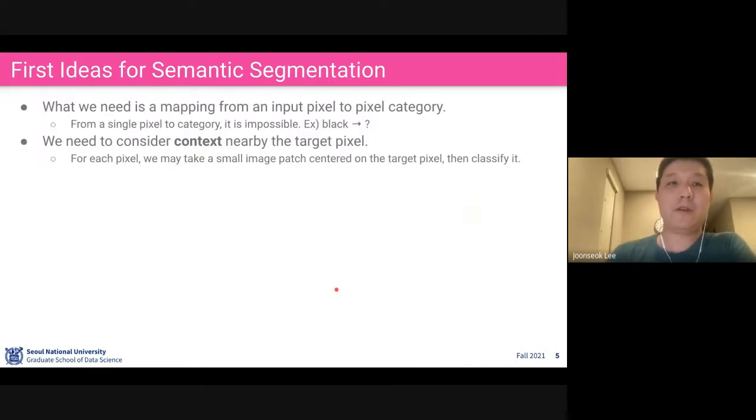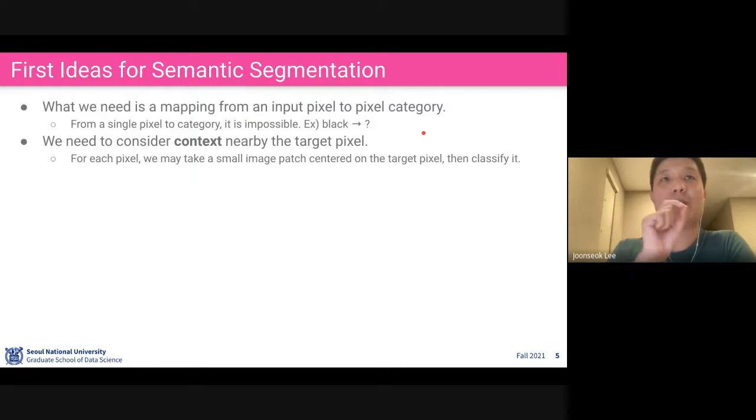So how can we solve this problem? It looks much more difficult than the classification or detection task because this is pixel-wise, so it looks much heavier computationally. What should we do? What we need is a mapping from an input pixel to the pixel category.